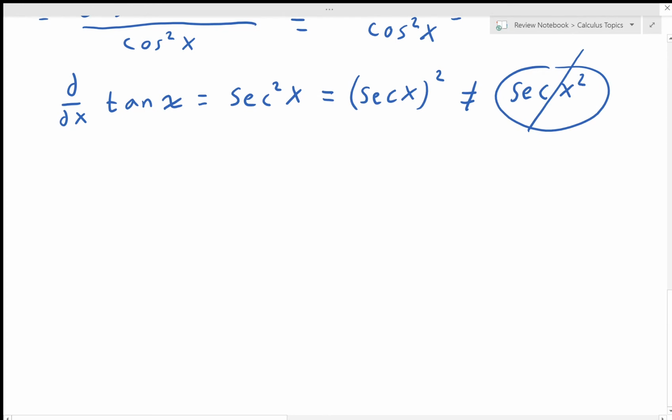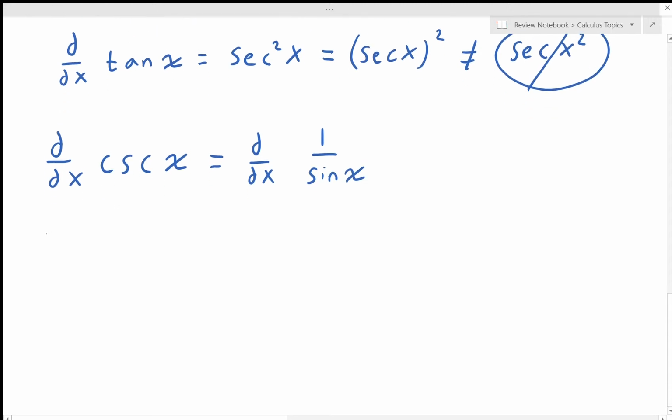So now we're going to go find the derivative of cosecant x. And we should know that that would be the same thing as taking the derivative of 1 over sine of x. So seeing that, u equals 1, and we know that the derivative of a constant would be 0.